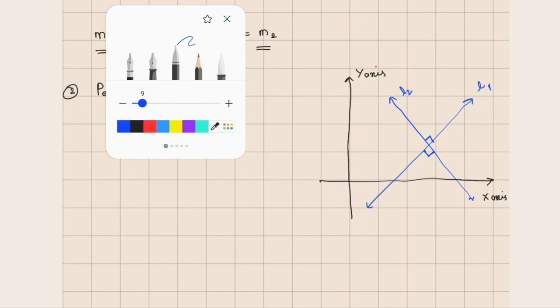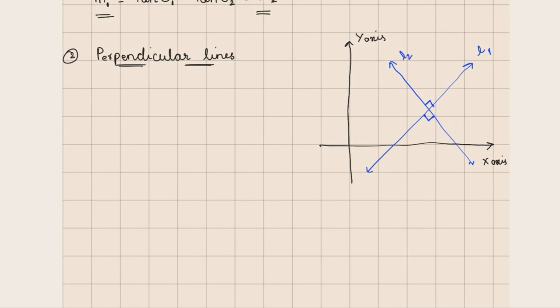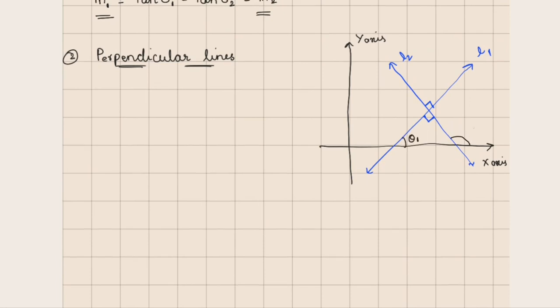Now if you observe these two inclinations, let's say theta 1 is the inclination of line L1 and theta 2 is the inclination of L2. Let's say the intersection point of these two is M, this point is some P, and this point is Q. If you see, triangle PMQ is a right angle triangle.